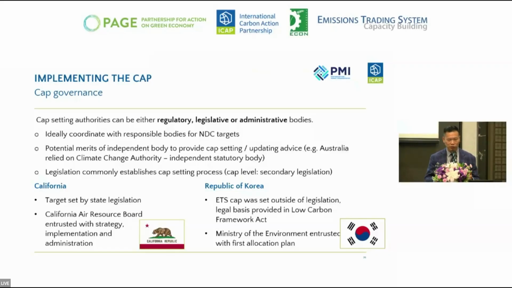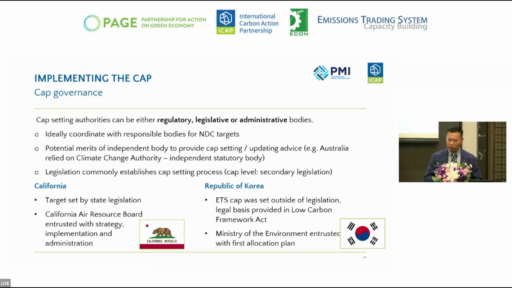The two bodies, or if they are in the same body, can align the NDC target and the carbon market cap setting. For example, the California Air Resources Board is setting and implementing the ETS cap, and they are also responsible for developing the California NDC.